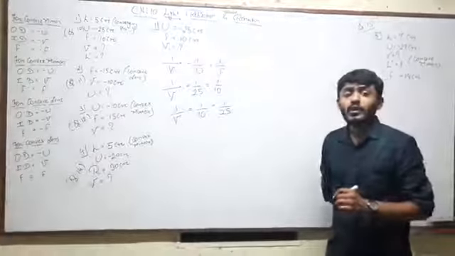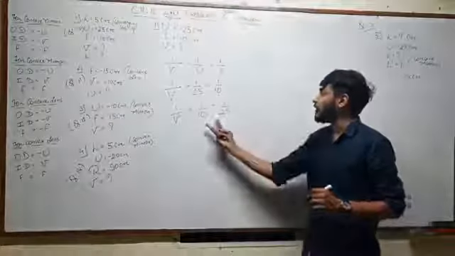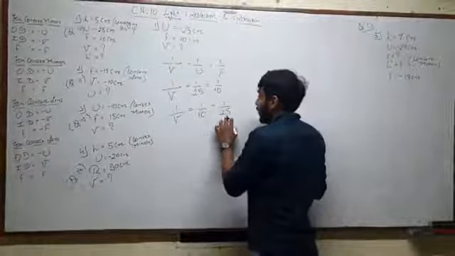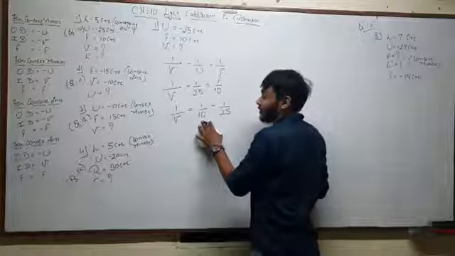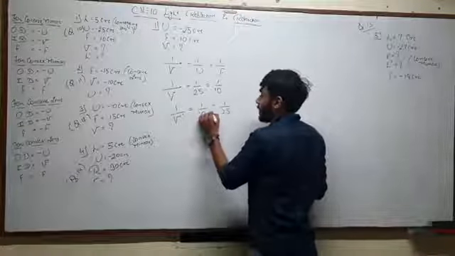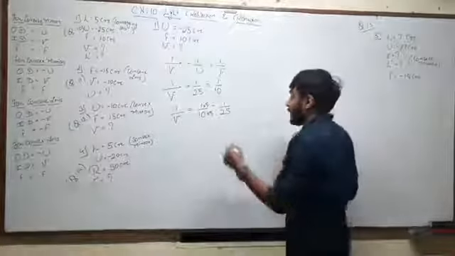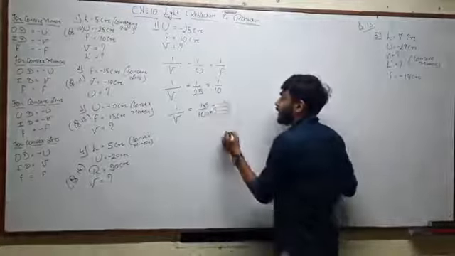Now we need to take the LCM of both the terms, that is 1 upon 10 and 1 upon 25. Say both are multiplied by 5. So over here I am writing 5, then over here we will be writing 2, because 25 2s are 50, 10 5s are 50.